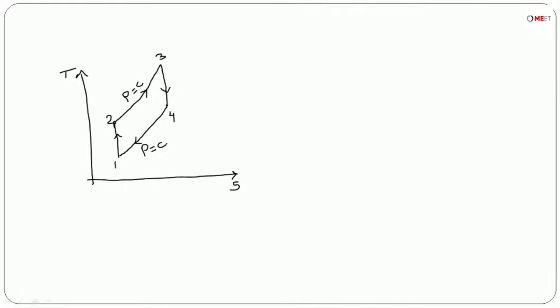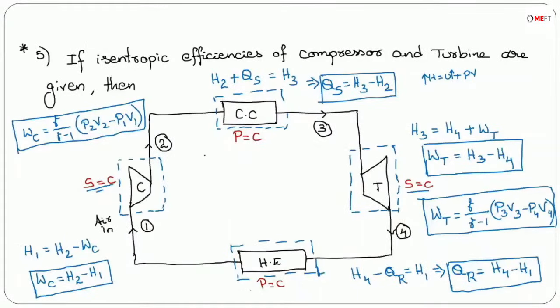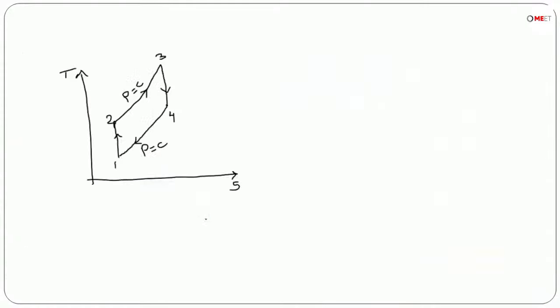Now see here, if isentropic efficiencies of compressor and turbine are given, that means if isentropic efficiencies are given in the problem, then we need to understand that the process is no more isentropic during compression and expansion, but it follows adiabatic path.